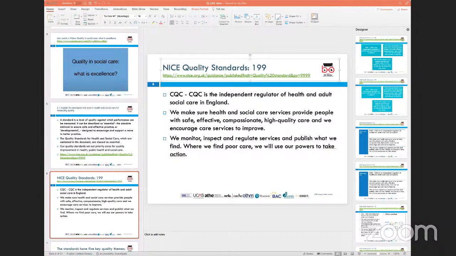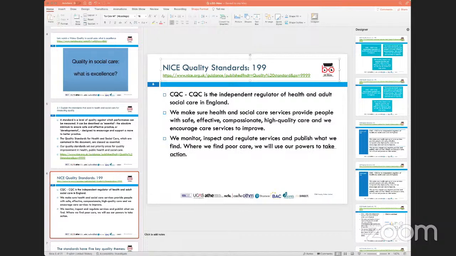Now, when we talk about these standards, I've got one particular slide which is related to NICE, the National Institute for Health and Care Excellence.